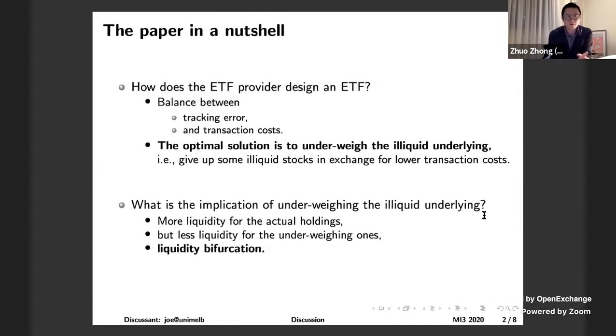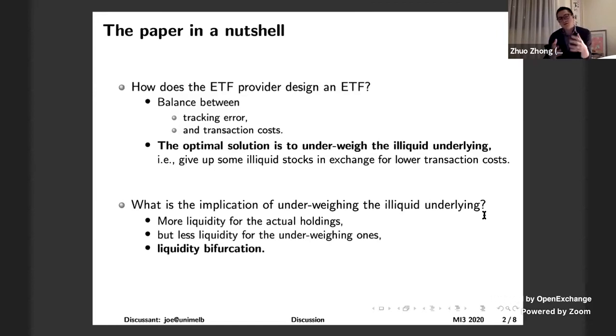So basically, this paper in a nutshell, to me, asks a very important question: how does an ETF provider design an ETF? And the author is doing a very nice job of providing a theoretical motivation backed up by solid empirical execution. The theoretical motivation is really thinking the ETF provider is balancing between the tracking error of the ETF versus the transaction cost of the ETF.